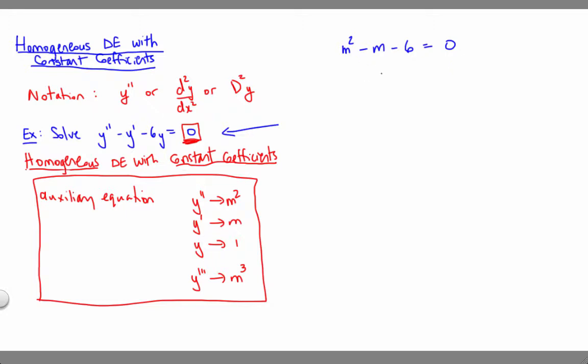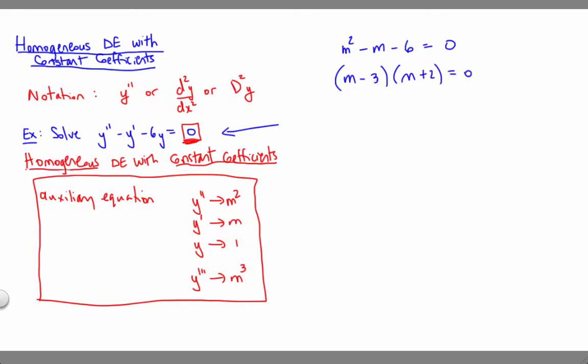And in general, we're going to solve this equation either by factoring or by using the quadratic formula. So let's try to factor it. We'll see if we can come up with a couple numbers that multiply to -6 and add to -1.